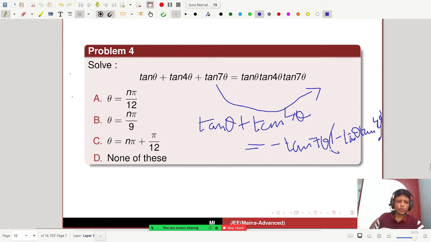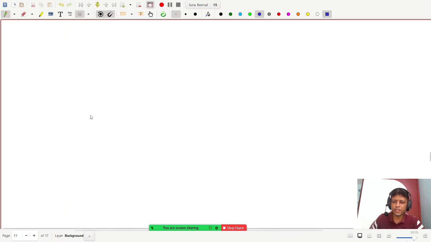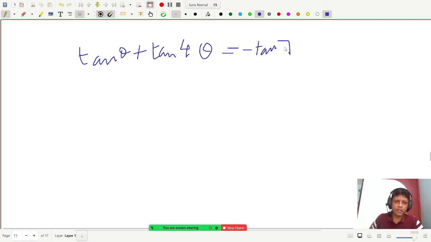So you have tan 7 theta times this one. Let me write it in a clear space. So tan theta plus tan 4 theta equals minus tan 7 theta times 1 minus tan theta tan 4 theta. That is the simplified form.